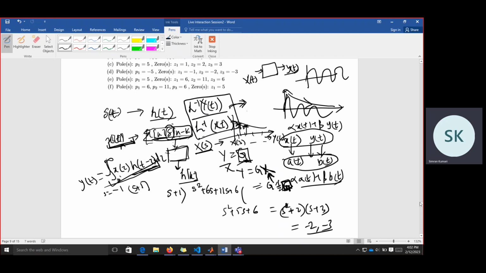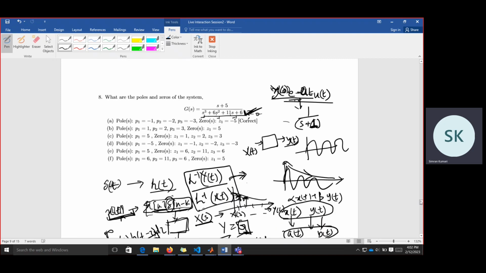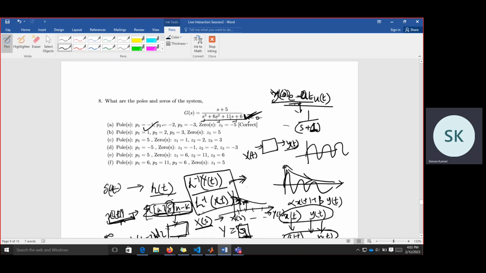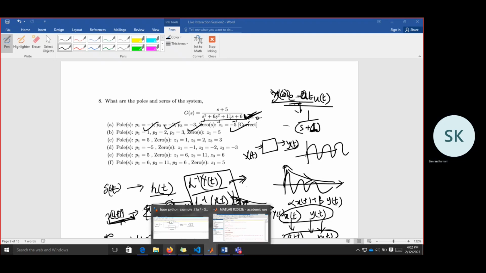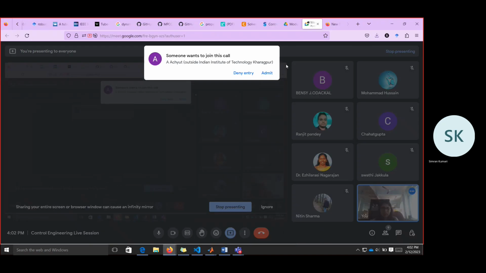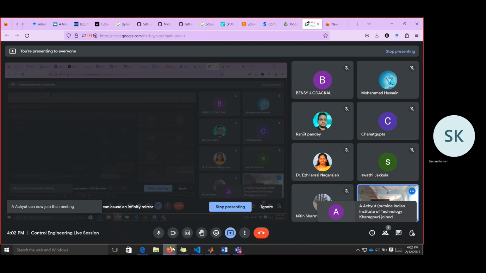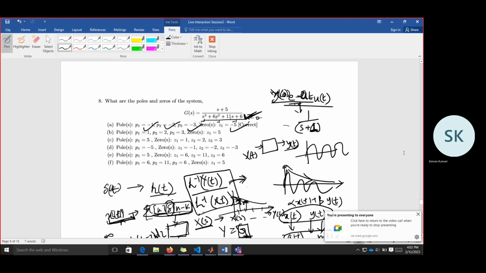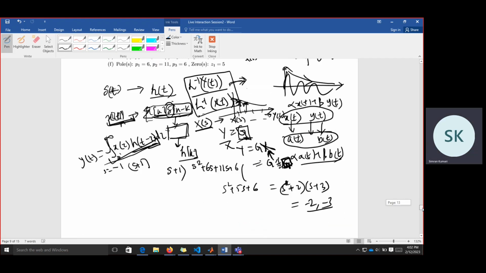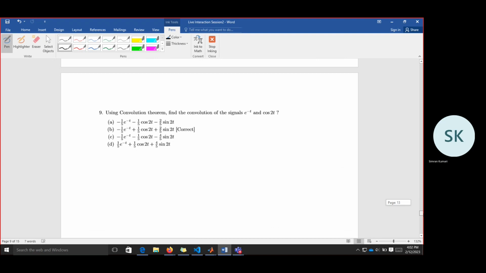Now, there are three poles we have found, minus 1, minus 2, minus 3, and the zero, minus 5. Okay, so we'll proceed to the next question.